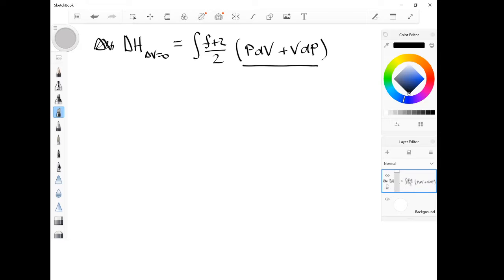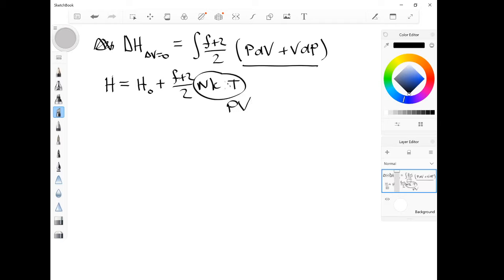That there comes from the fact that H is equal to H naught plus (f plus 2) on 2 NkT. Well, actually no, not delta T, just T. And that can be substituted for PV.